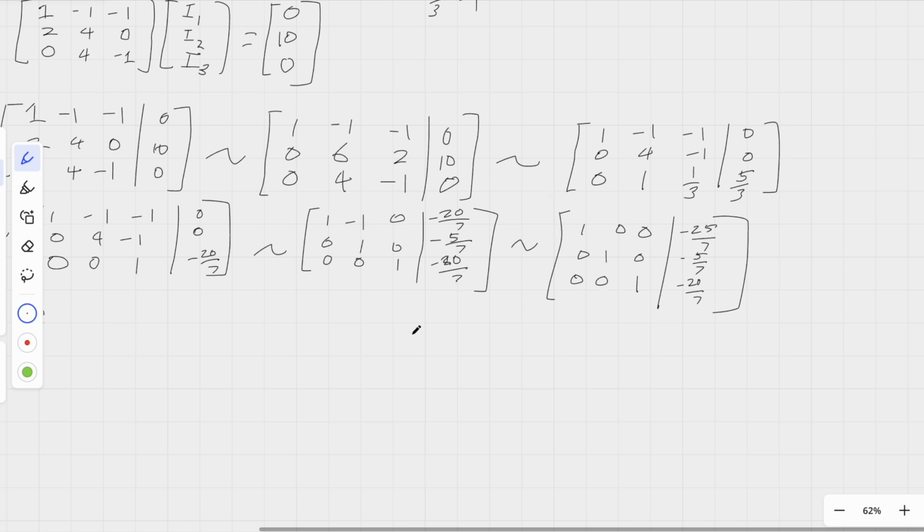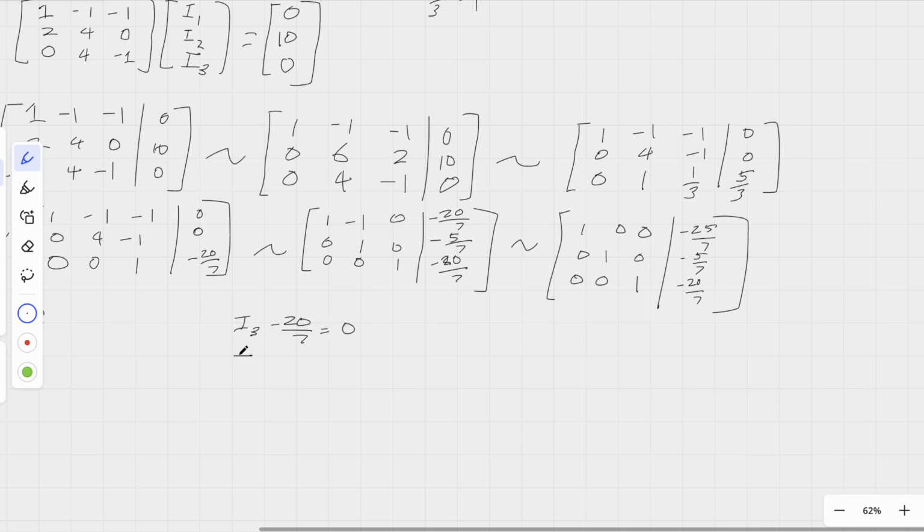So from this, what we can take away is that the one here stands for I3 minus 20 over 7 equals 0.